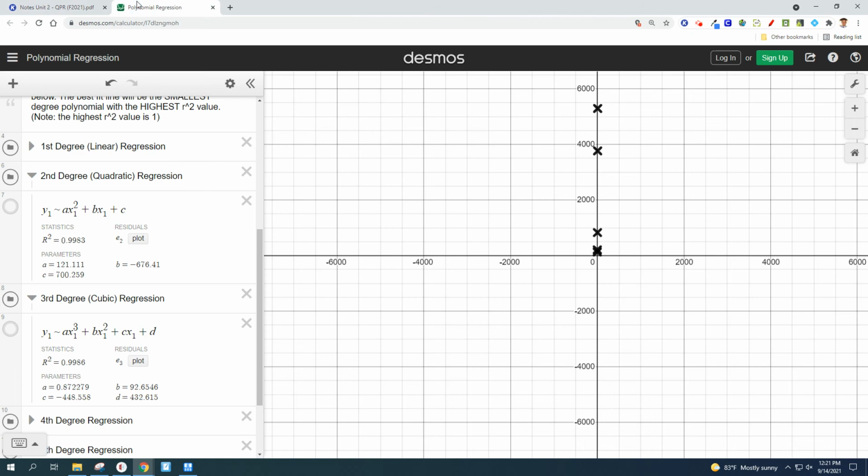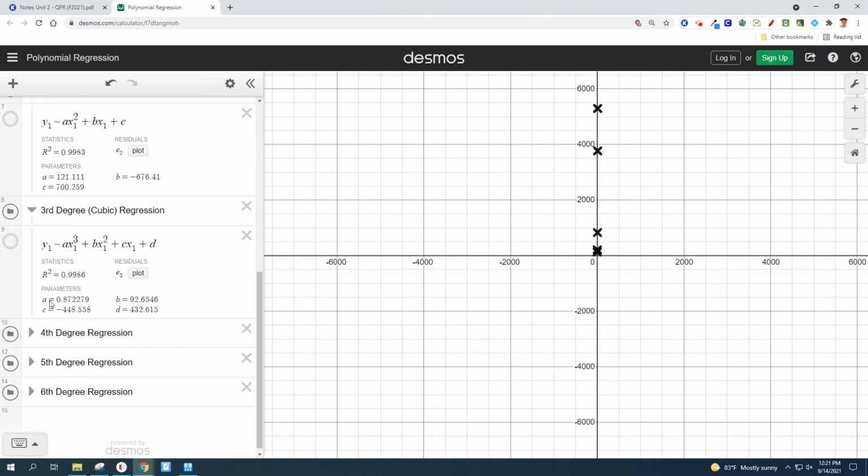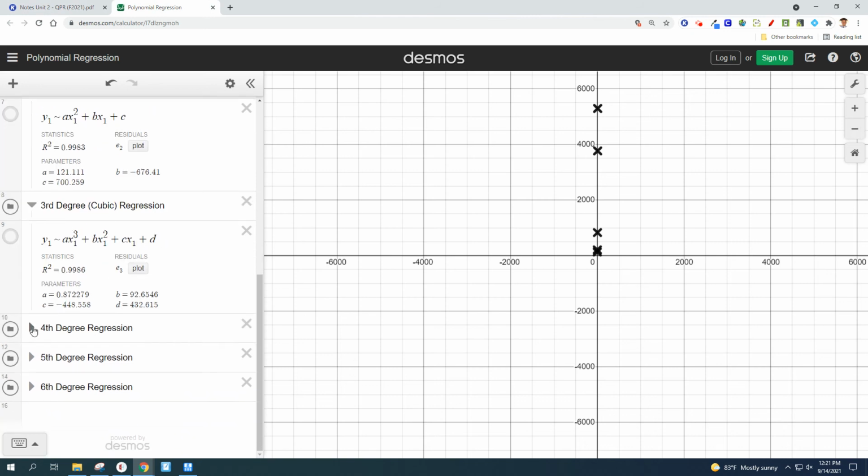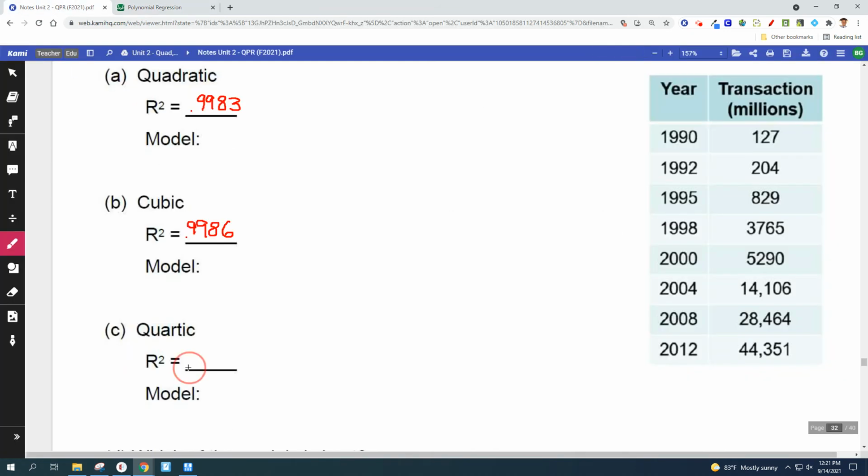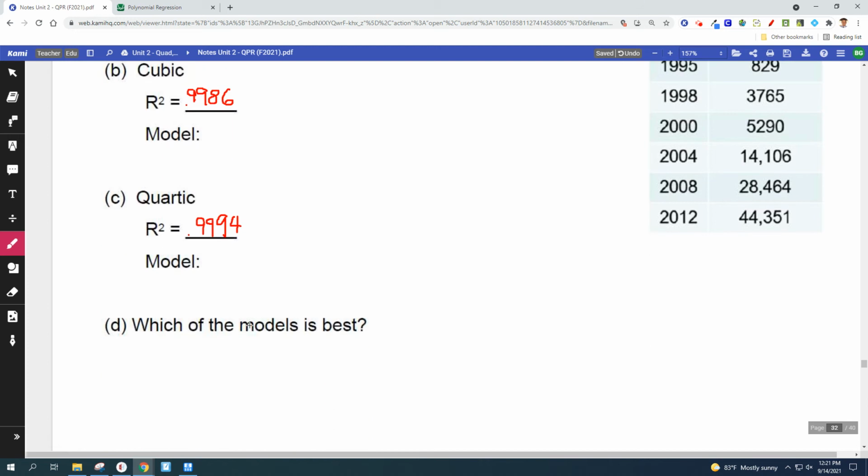Let's look at quartic, fourth degree. R squared, 0.9994. That's the best one of the three. Even better, 0.9994, super close to 1. So which of these models is best? We're going to say the quartic.